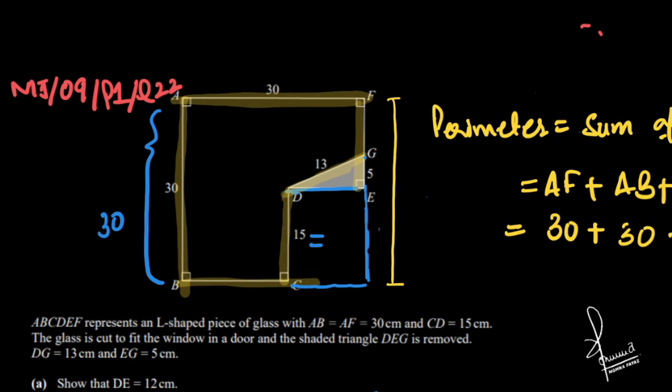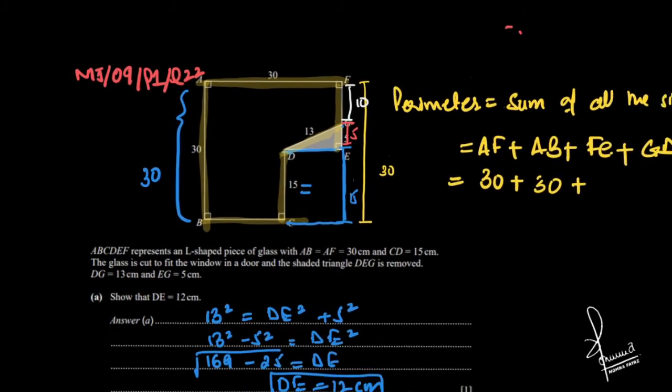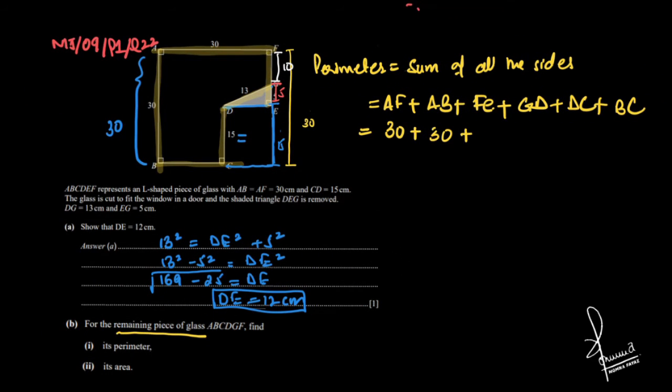It's going to equal AB which is 30. अब इस 30 में से इतना हिस्सा आपका 15 है, ठीक है, और बाकी का इतना हिस्सा 5 है. तो पीछे ये कितना रह जाएगा? This is going to equal 30 minus 15 minus 5 which is 10. So instead of FE I will put 10. GD is given which is 13.